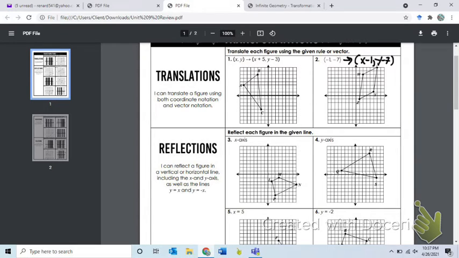It's just a short way of writing it. So we do the exact same thing. Z, we go back 1, down 7. Y, back 1, down 7. W and X, back 1, down 7. Then we get that right there. Easy peasy.